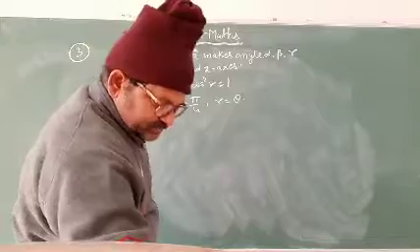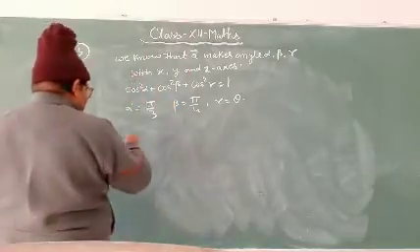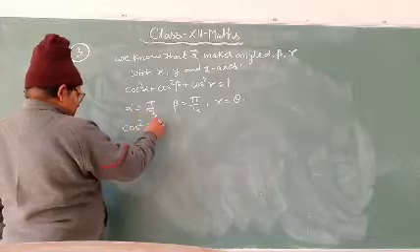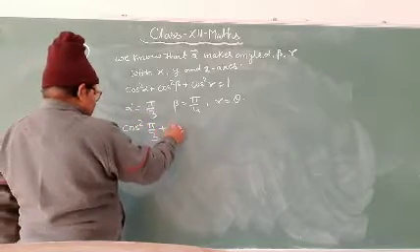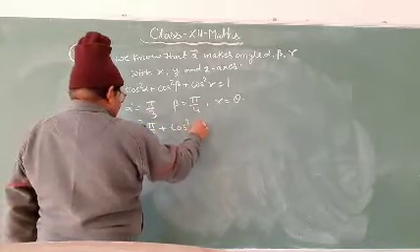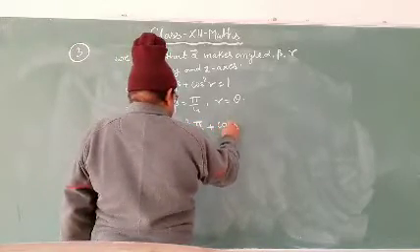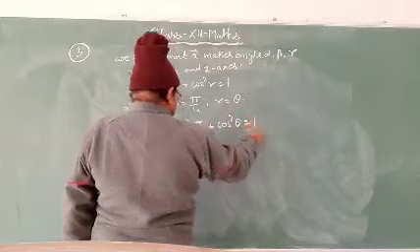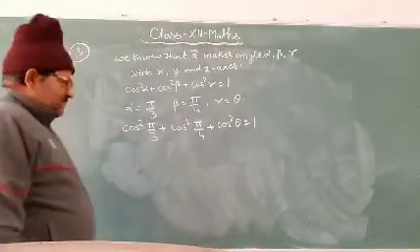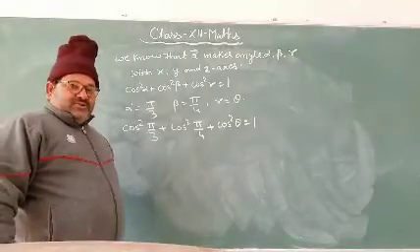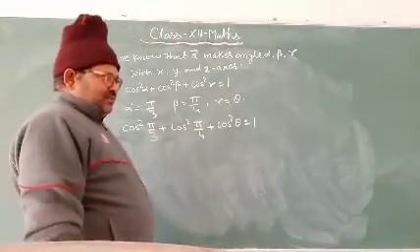So cos square pi by 3 plus cos square pi by 4 plus cos square theta equal to 1. Cos pi by 3 is cos 60 degrees, and the value of cos 60 is 1 by 2.